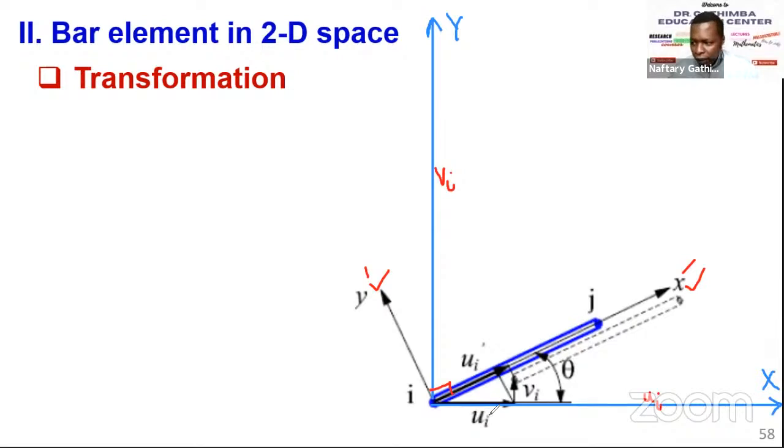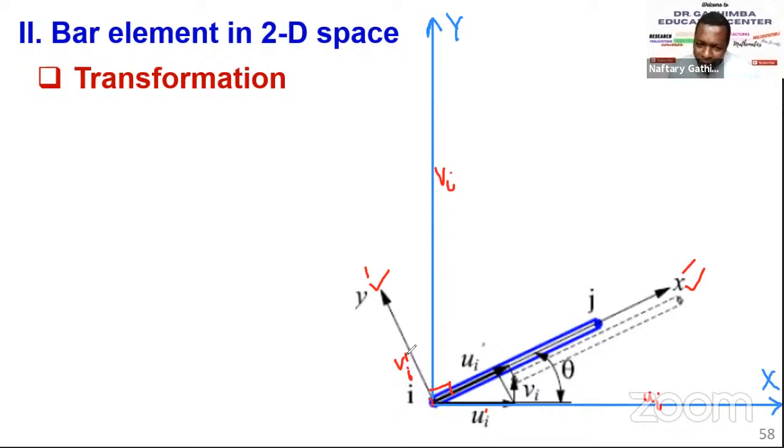This here is ui prime. And of course, the vi prime, which we are saying at the local coordinate system, might not make sense to you for now.